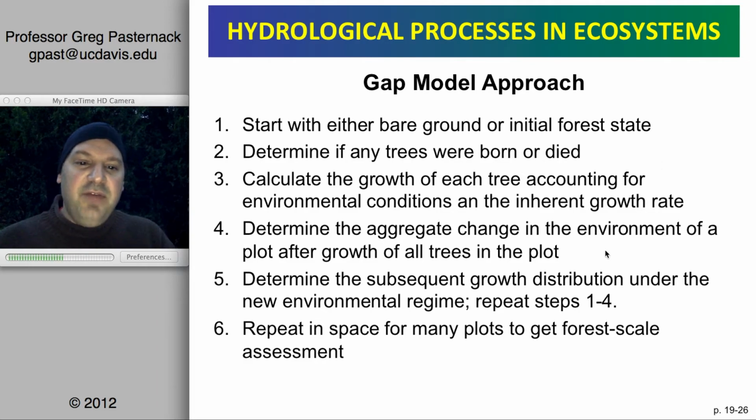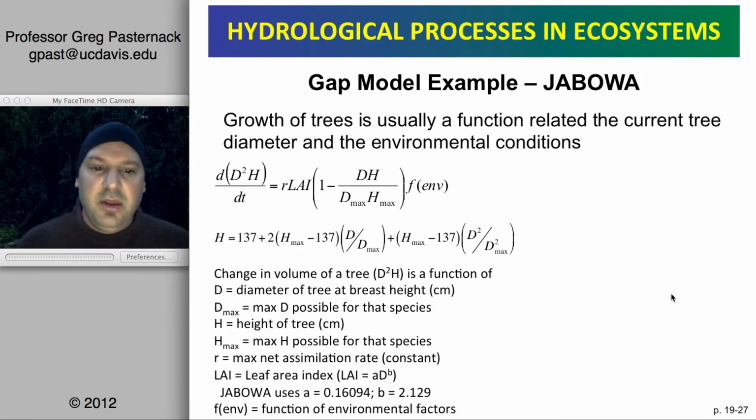We're going to have then the overall change in the environment because now you have changes in shading as trees have grown. We're going to then look at the subsequent distribution of tree growth under the new environmental regime, and then you repeat this process over and over. And each of these models takes a slightly different approach to how it does this.